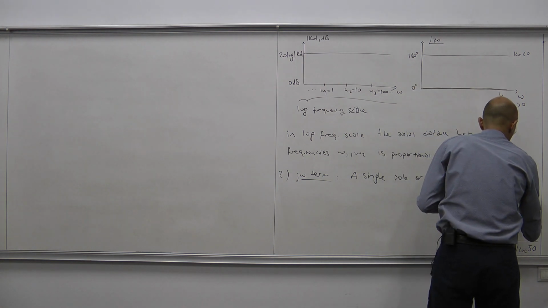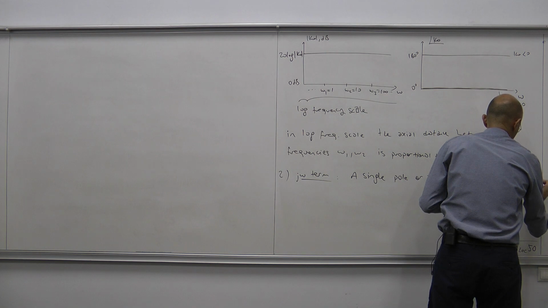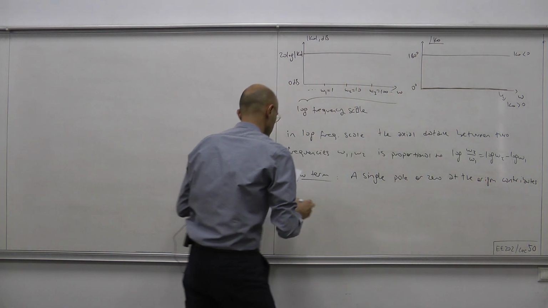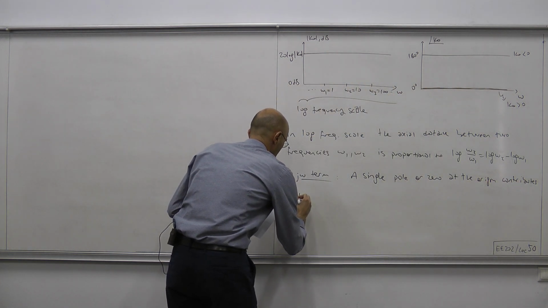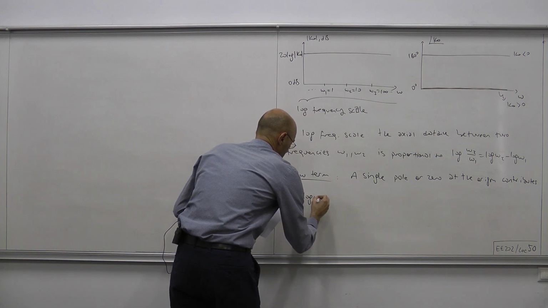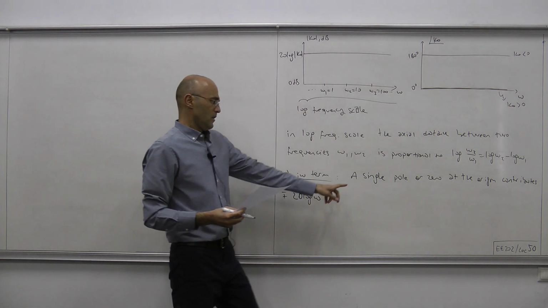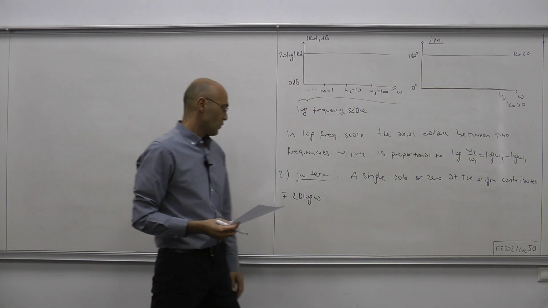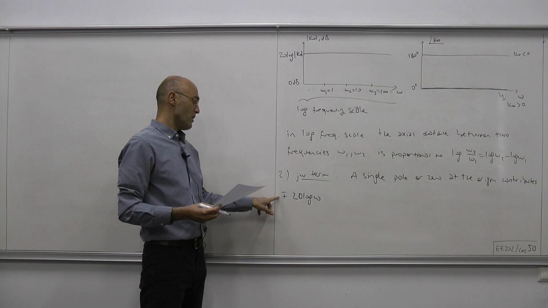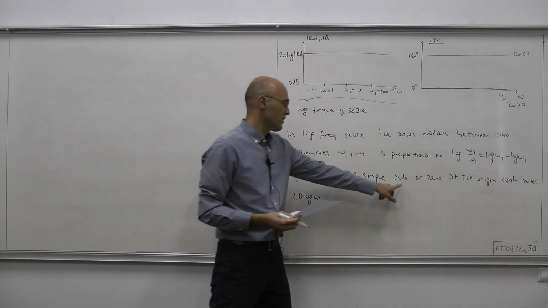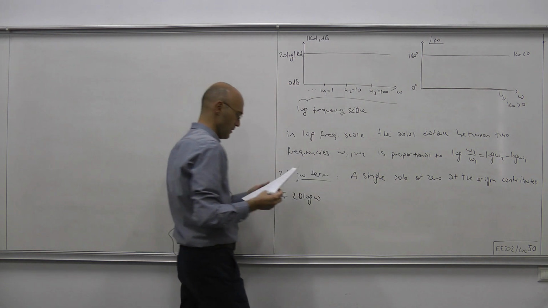Okay, and it contributes 20 log omega to the gain if it's a 0 at the origin, and minus 20 log omega to the gain if it's a pole.